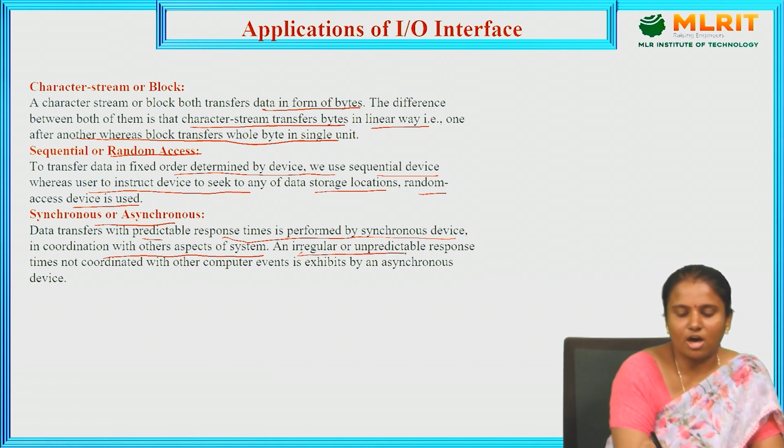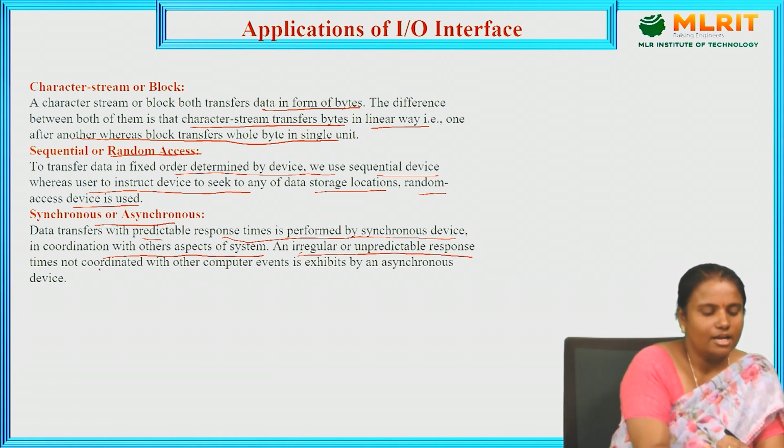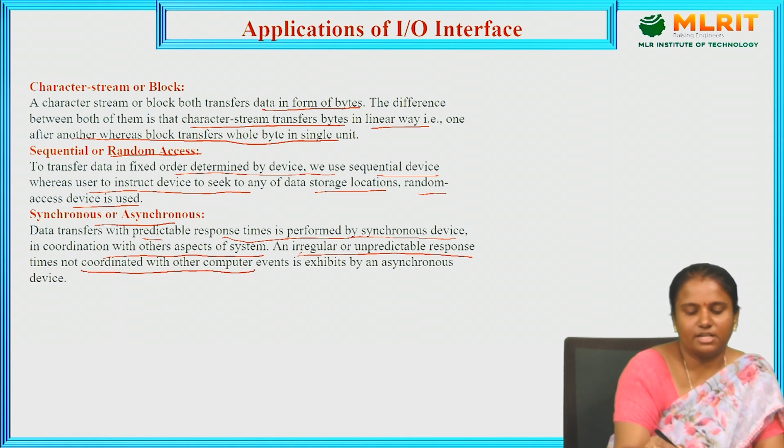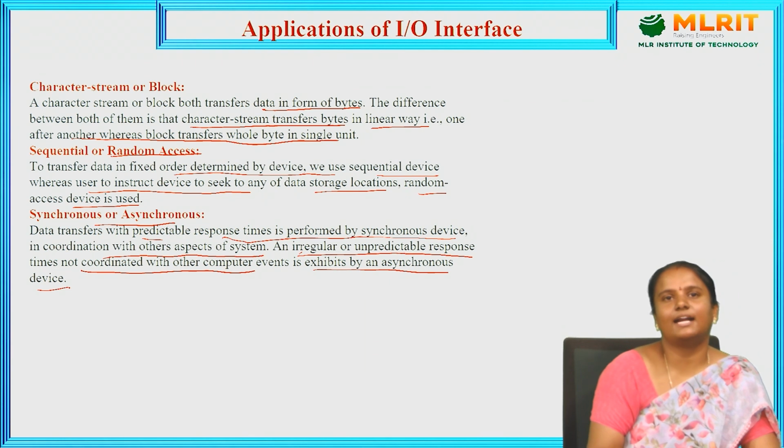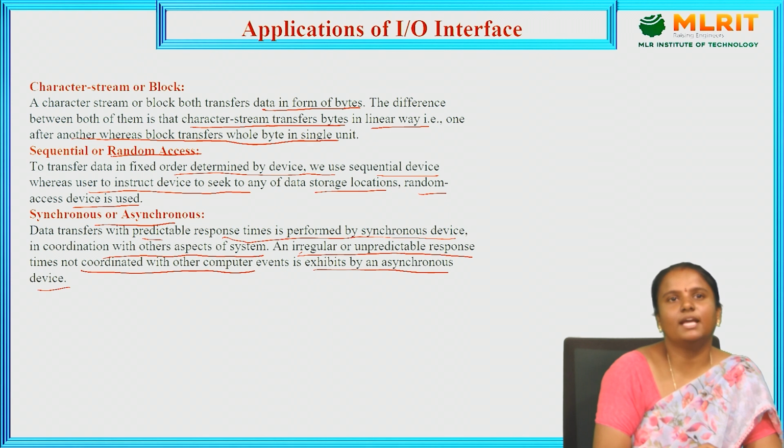An irregular or unpredictable response time, not coordinated with other computer events, is exhibited by an asynchronous device. Synchronous means performing in a predictable way, whereas asynchronous means it is irregular. Synchronous means regular, asynchronous means irregular. So it is transferring the data in a predictable manner and an unpredictable manner.